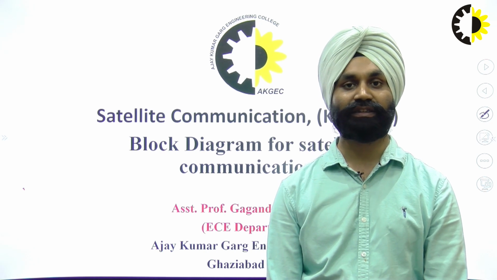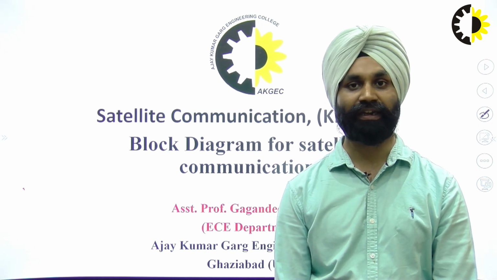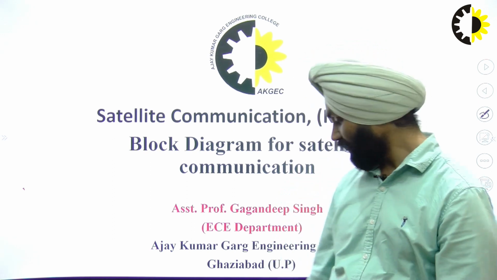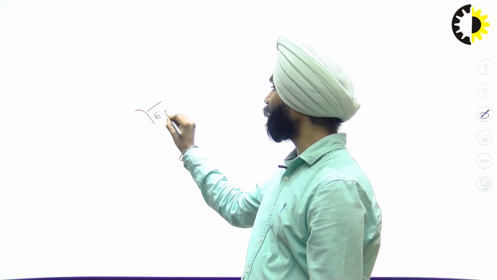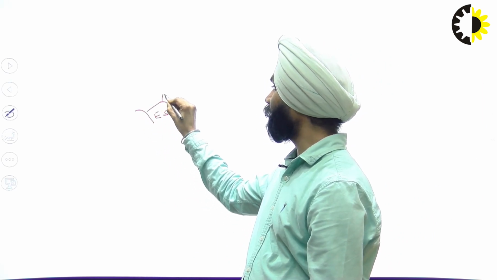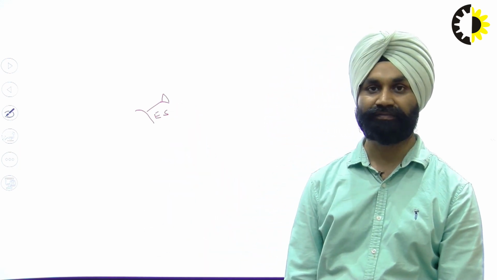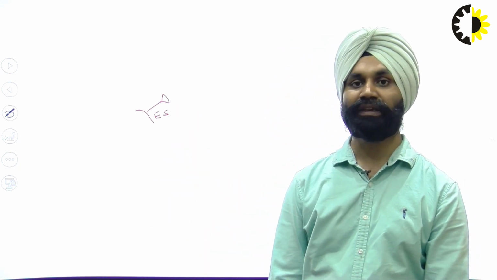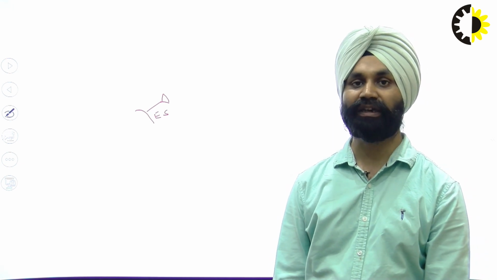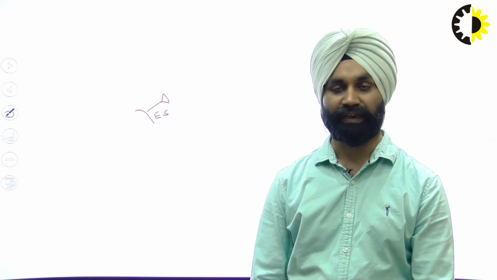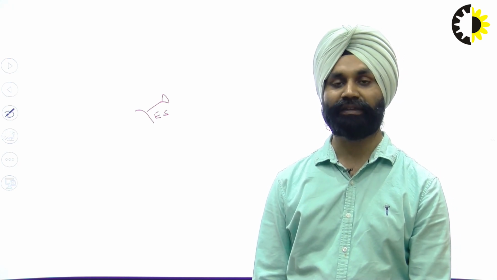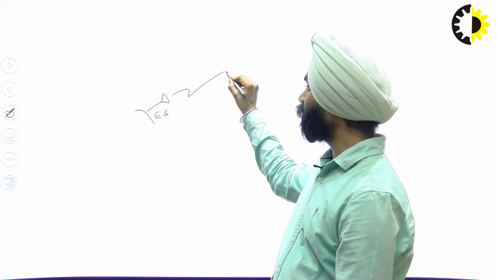So the general block diagram of a satellite can be given as a system, in which one part is the Earth station. It has at least one antenna. This Earth station may be a complex one, but for simplicity we can take it as an antenna. For example, if we have a transmitter, that transmitter may generate some signal and transmit it with the Earth station toward the satellite.